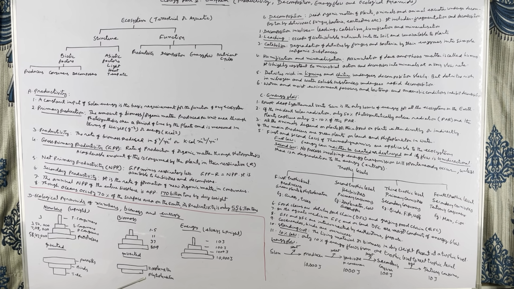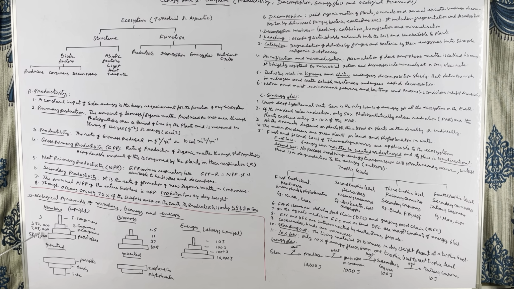The pyramid of numbers is usually upright. Producers are more than the primary consumers. Primary consumers are more than the secondary consumers. Secondary consumers are more than the tertiary consumers. That's why we get an upright pyramid. One example is given in your book. Primary producers are 58,42,000 in one ecosystem.